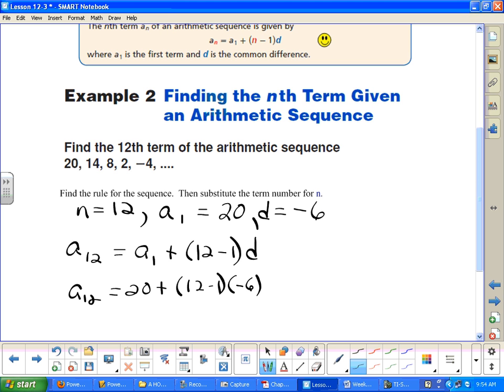So here we have 20. Let's see, 12 minus 1 is 11, times negative 6 is negative 66. So we get negative 46.